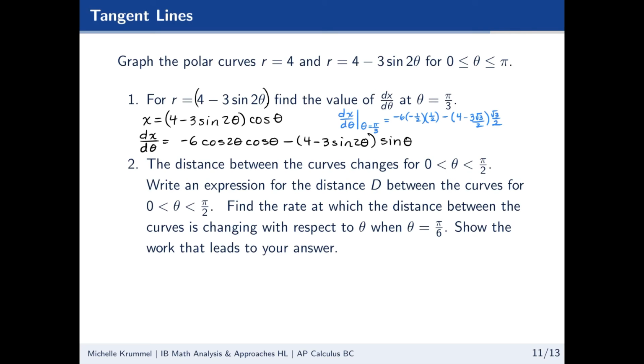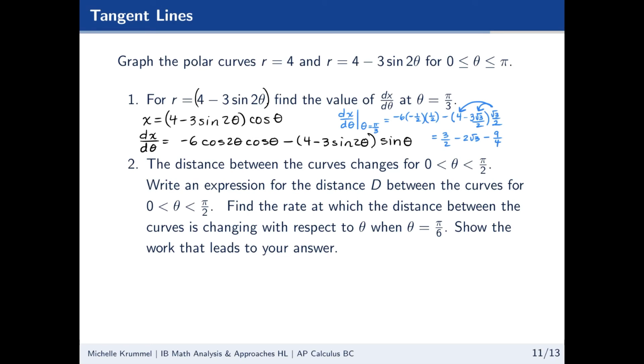Let me check that again. So that's the negative times negative is positive, and then we have 6 over 4, which is 3 over 2. Okay, 3 over 2. Now I need to distribute this square root of 3 over 2. So minus 2√3, and then minus √3 times √3 is 3, times 3 is 9 over 4.